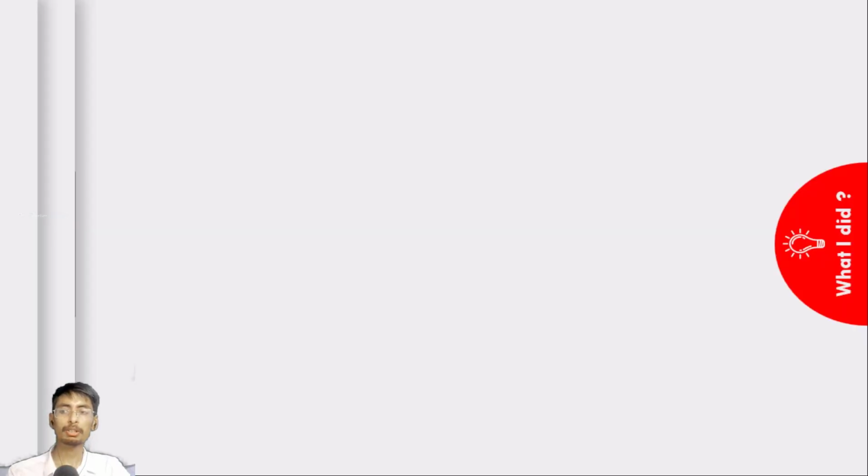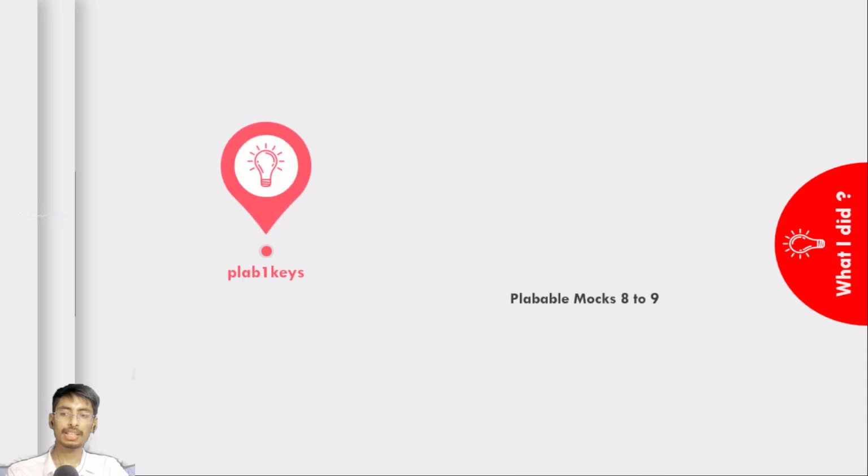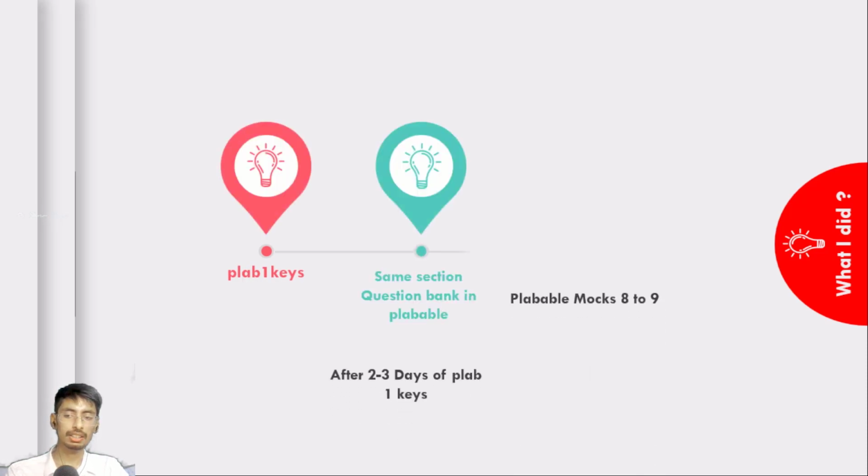So let's talk about my experience, what I did. I used to study Plab1 Keys during my house job. I used to give a quick look in Plab1 Keys at the specific section. Then after 2 or 3 days, I would come back to the question bank, my core study resource, that is Plabable, and I used to do the same section.